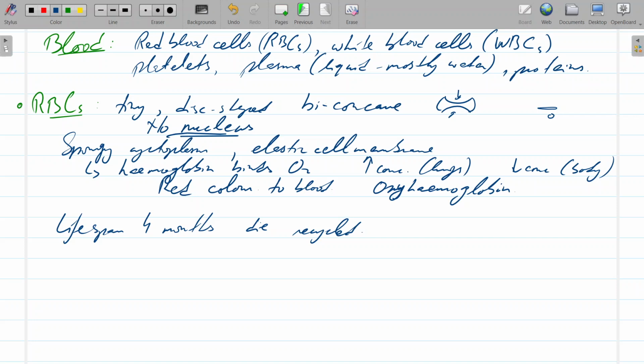The book gives a number: 200,000 million RBCs per day are recycled. Why? Because they were produced and have been in the blood for about 4 months, so you're getting new red blood cells every day, replacing the old ones.